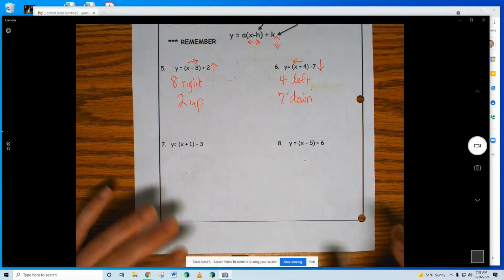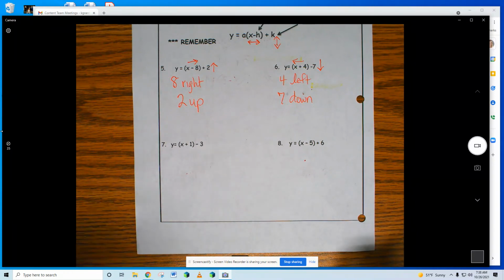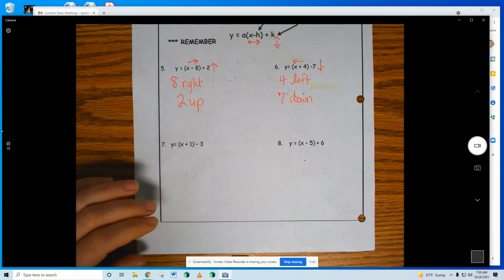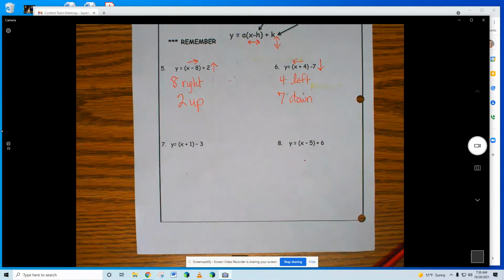Okay. And 7 and 8. Actually, you do 7 and 8 with your groups. So you guys can turn and face each other. Or you don't have to do that. Just talk. Like describe in words what's happening.